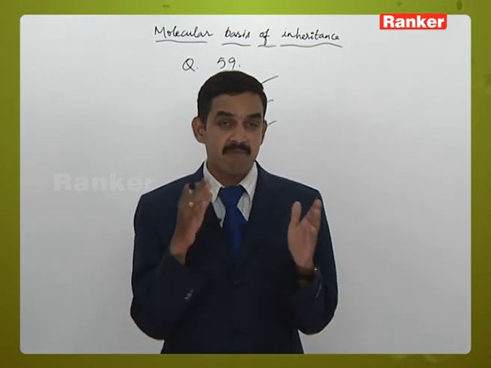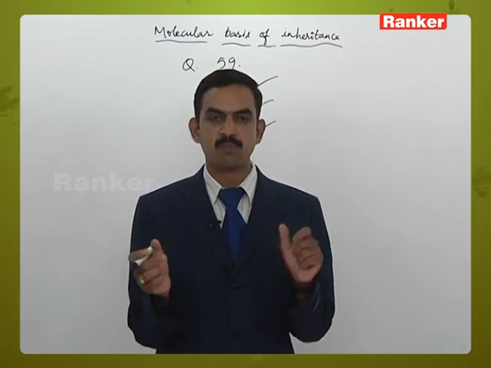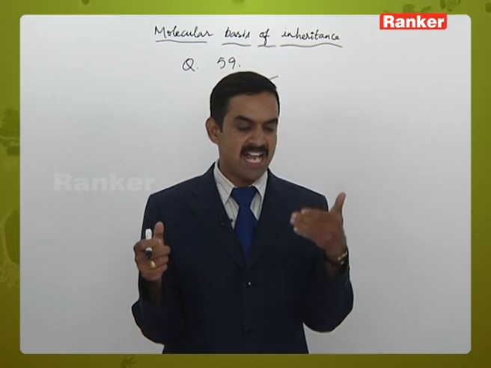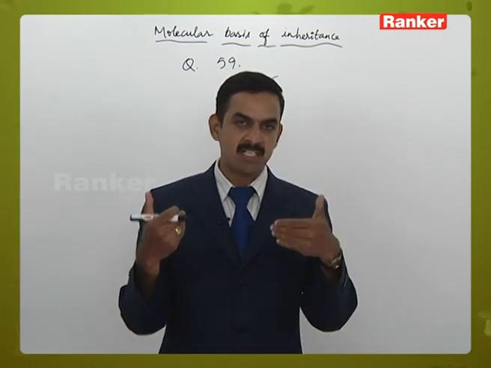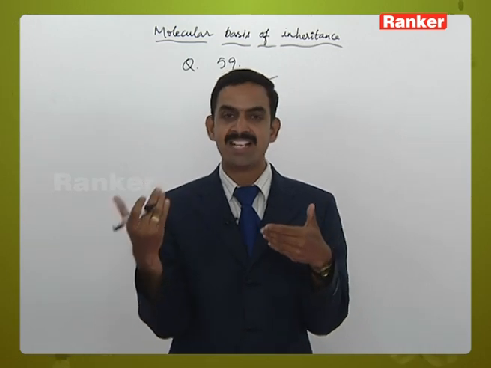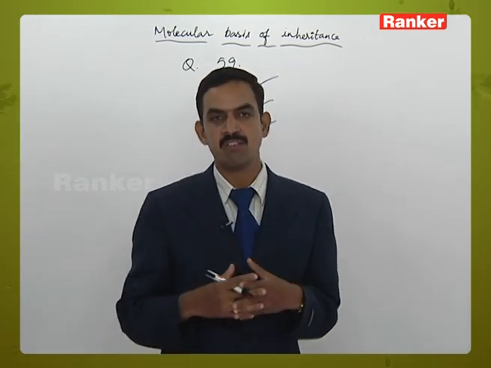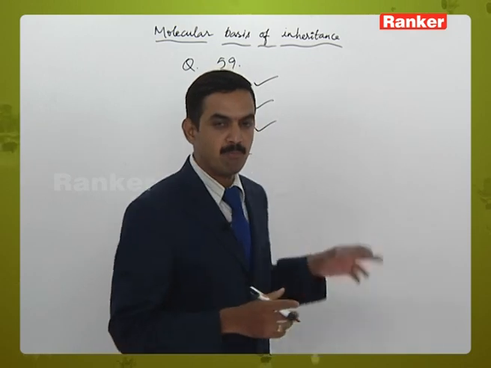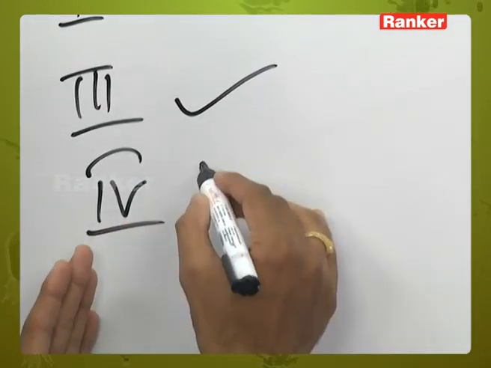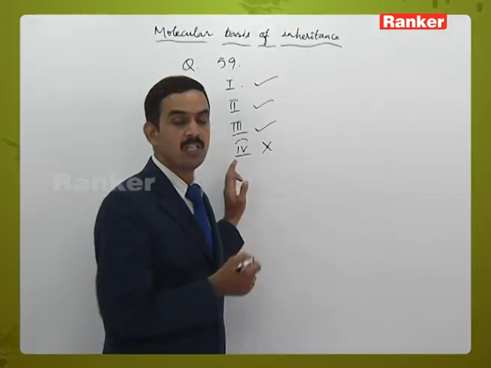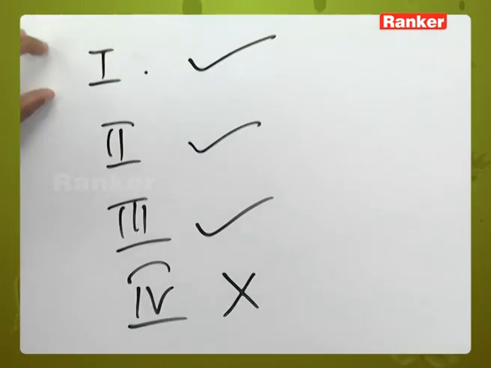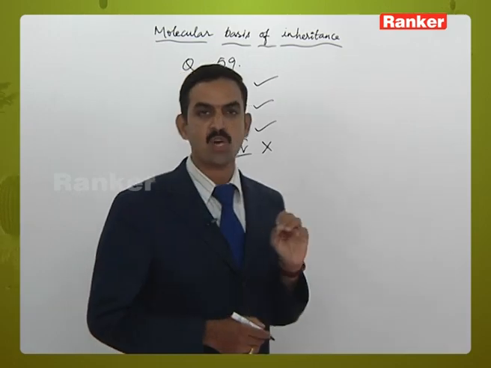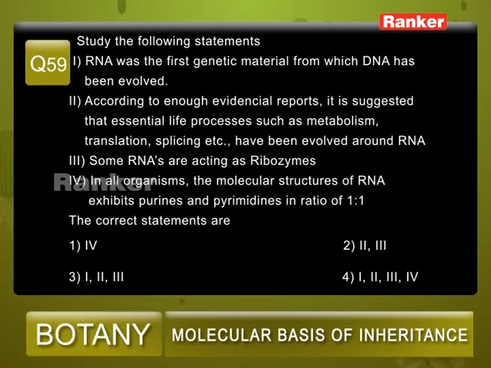We can say that in DNA, where two strands are there: if one strand has a purine, the complementary one has a pyrimidine, and if it has a pyrimidine, the complementary one has a purine. So in that case, the ratio between purines and pyrimidines is 1:1. But it is not so in the case of RNA because it is a single stranded molecule. So from the given statements, statements 1, 2 and 3 are correct, and the fourth one is incorrect. So question number 59, the correct answer is 3.